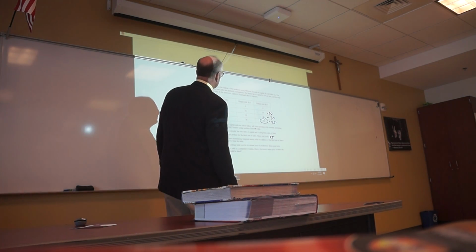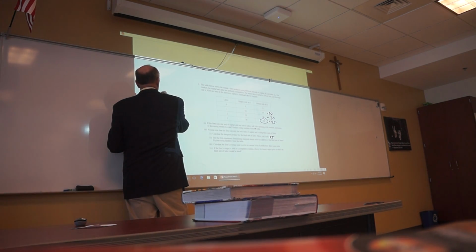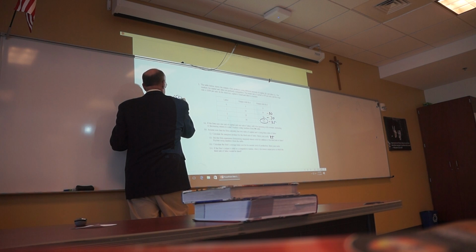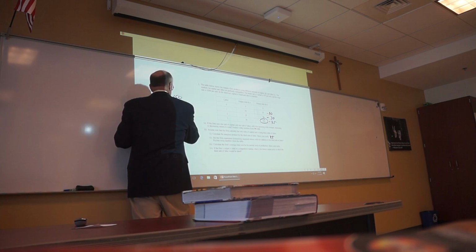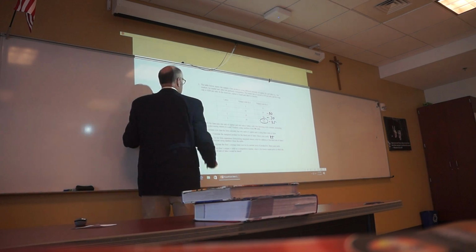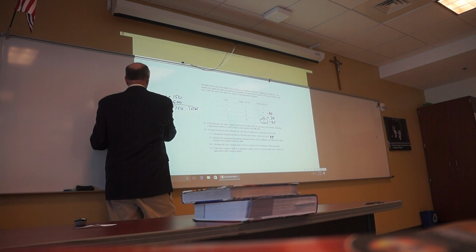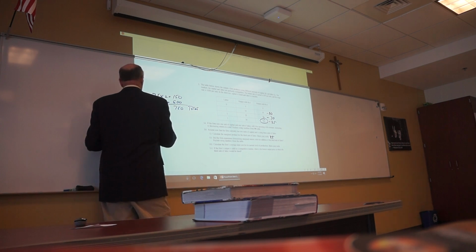So 2 units of capital would be how much? Total cost would be 150. And 3 units of labor? Would be 600. Okay, so that's 750. Now that's the total cost. How do I find the average total cost? Average total cost is total cost over quantity.